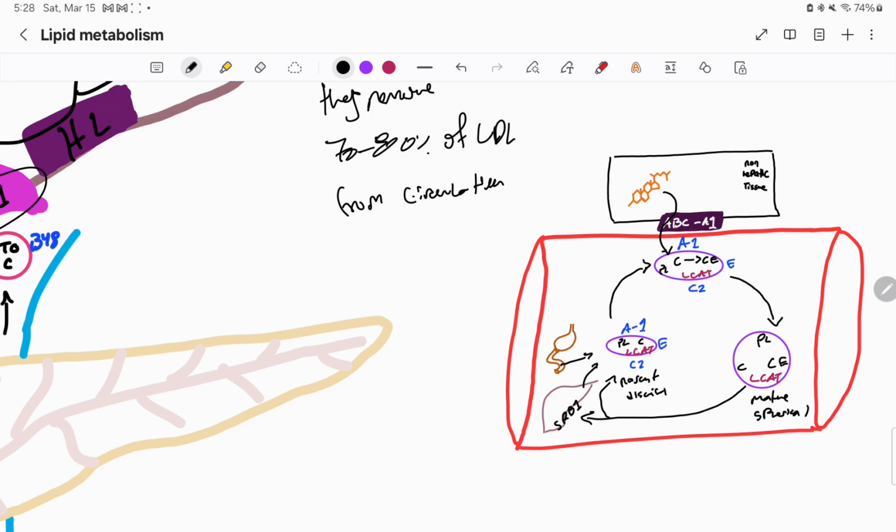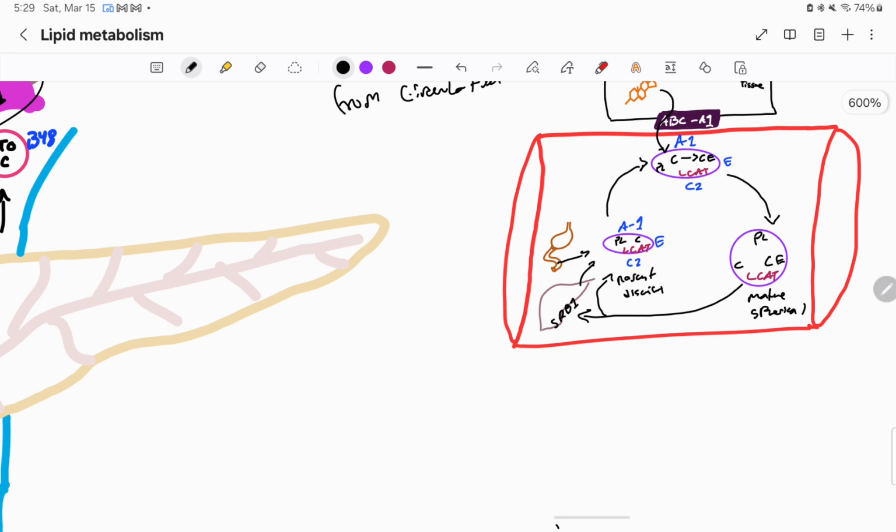Once it interacts with this receptor, it'll cause the deposition of cholesterol into the liver, and then it will continue to circulate in this discoidal shape. Why? Because it deposited all of that cholesterol and cholesterol esters into the liver, emptied itself out, became discoidal and nascent, and continues throughout this HDL cycle.